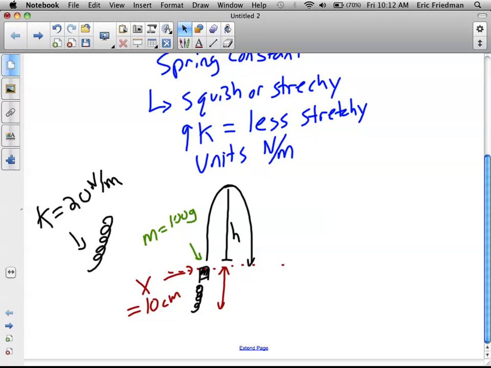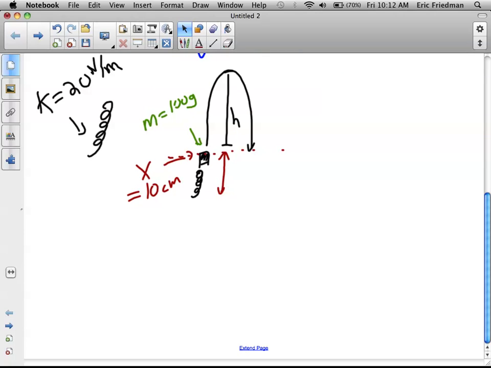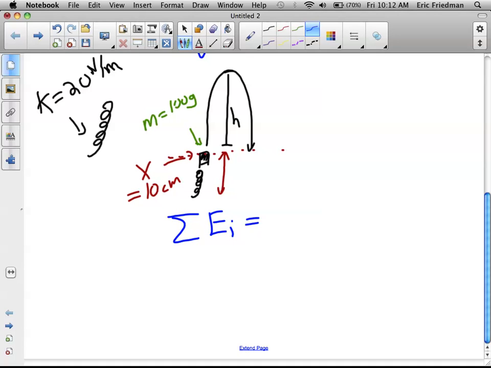So now I want to set this up. How do I figure out how high the mass goes? The way we're going to do this is once again with conservation of energy. The sum of the initial energy is equal to the sum of the final energy. Let's think about what kinds of energy we have here.